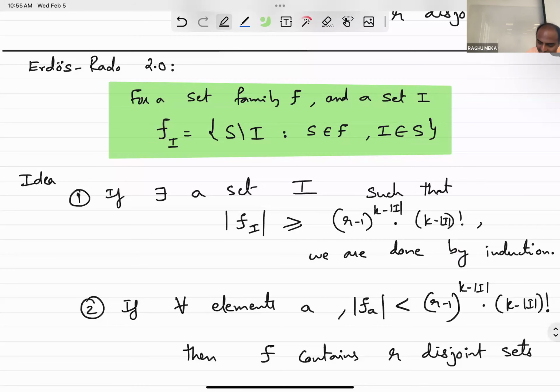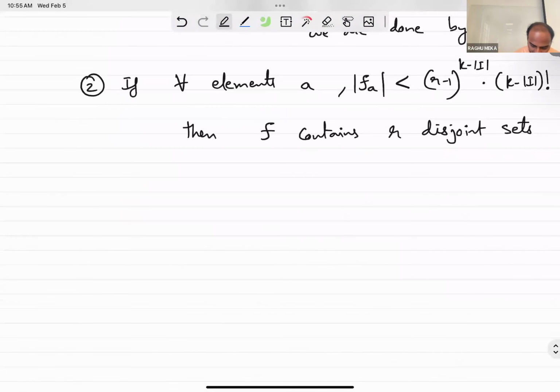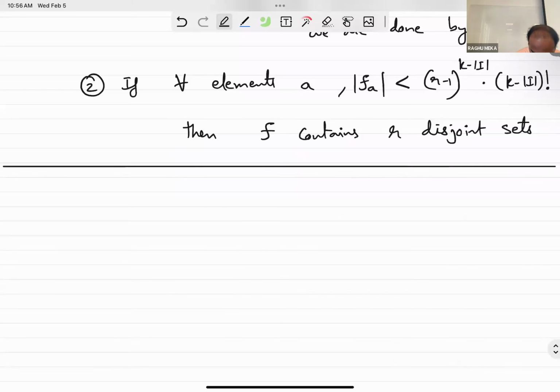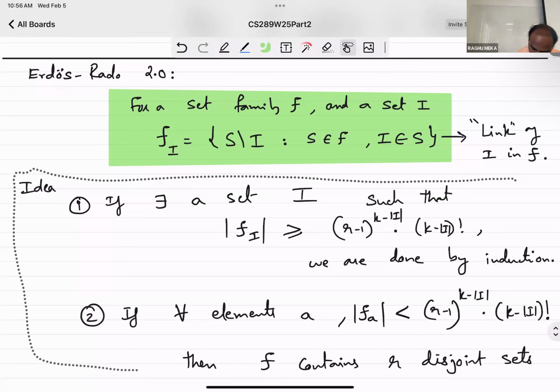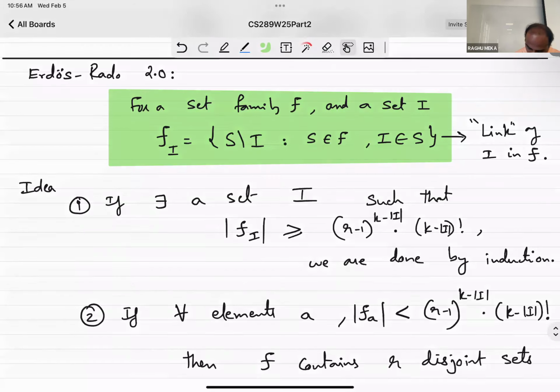And this set F_I is called the link of I in F. And to get the best bound, what ALWZ20 did, more or less, is the following. They said, we'll follow the same template that we are shooting for.